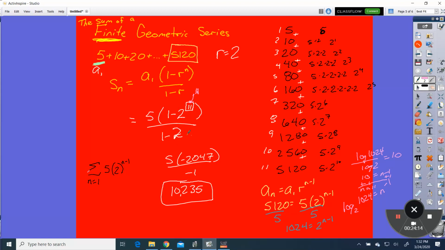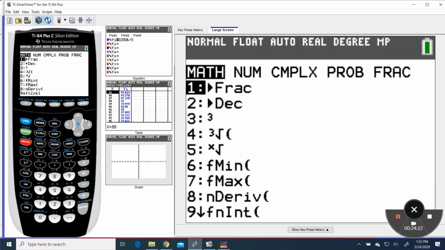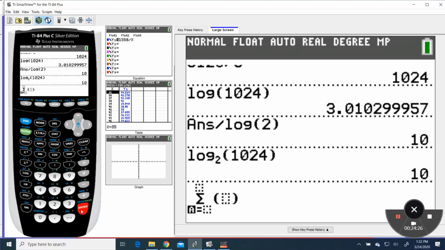Also, with the right kind of calculator, if I have it written like this, I can actually type this into my calculator. So I hit math, see that summation one right there? And it brings this up. I'm just going to use x. I'm going to go from 1 to 11. Whoops, not 111.